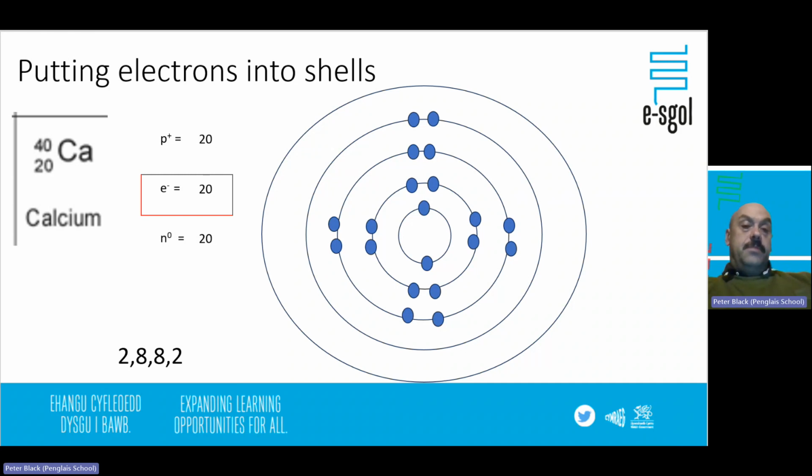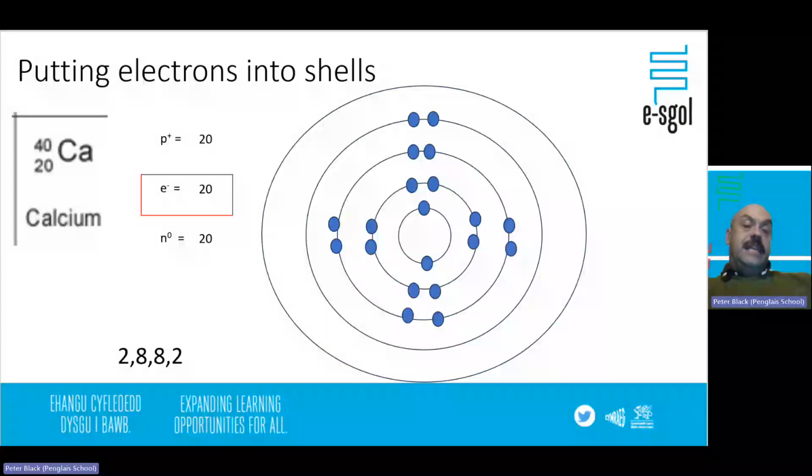So now I'm allowed to move to my next shell. And again, as I said earlier, this can hold another 8 electrons, and then it's full. So now I have 18 electrons placed. I've got 2 left over. And this shell here can hold those 2 electrons. Okay, so this is now referred to as my outer shell.